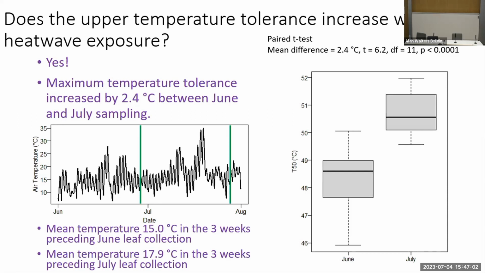So this means that exposure of oaks to heat waves might have increased the tolerance; they upregulated the tolerance of the leaf of oaks. And that was seen in the subsequent measurements in late July.